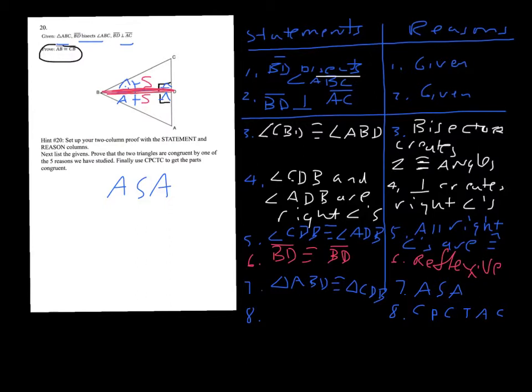Oh, I guess I didn't get my code written right. It's corresponding parts of congruent triangles are congruent. You could write it out in words. What it basically means is if two triangles are the same, then all the matching parts have to be the same. So that's why AB has to be the same as CB.